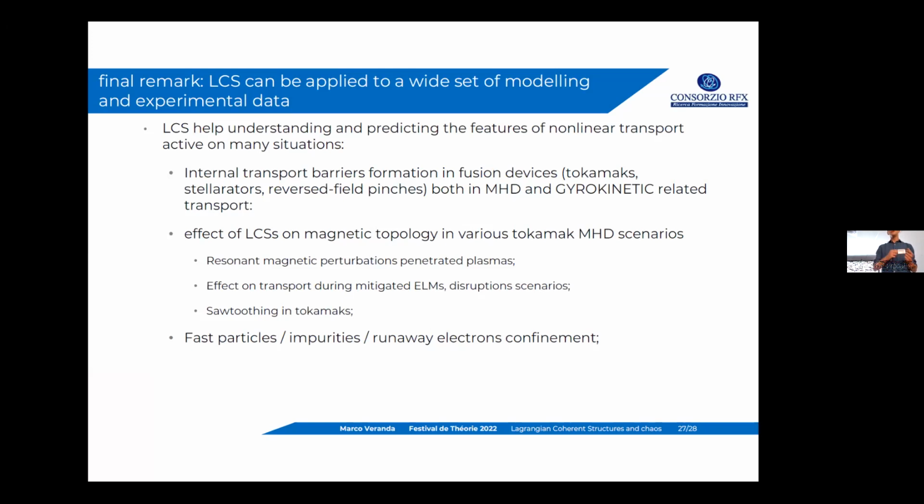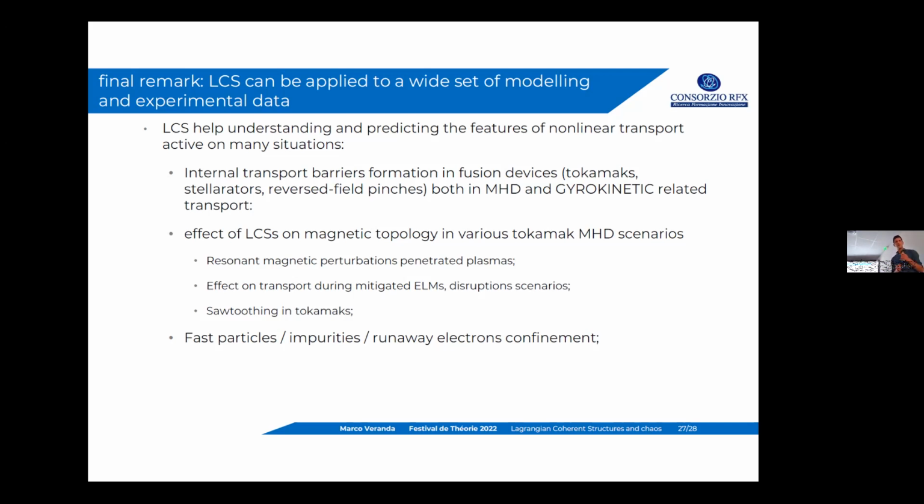And in particular, it can be interesting, and we will probably do it in the future, to study the magnetic topology in other scenarios from tokamak MHD. It is interesting, for example, the case of plasma that are penetrated by edge magnetic perturbation, because there you can get local stochasticity, or maybe during disruption or during the sawtoothing dynamics in the core of the tokamak.